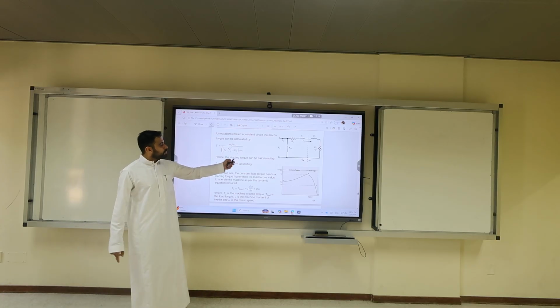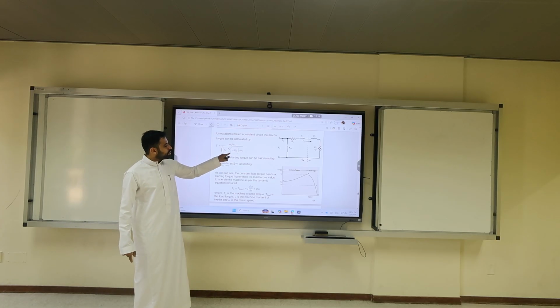So the starting torque can be calculated by assigning slip equal to 1. Remember we did the approximations.